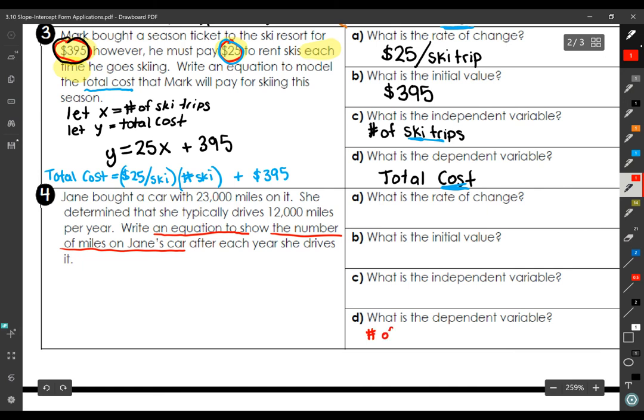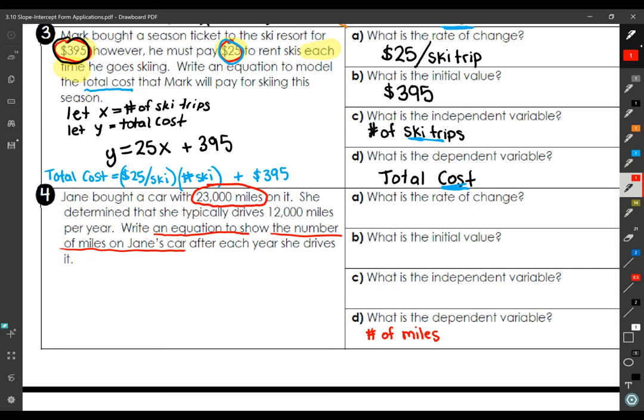Number of miles. Now, what would affect the number of miles? So, we know that she bought a used car, obviously, because the car already had 23,000 miles on it. And that doesn't change, right? That's already there. That's going to be our initial value, hint, hint.